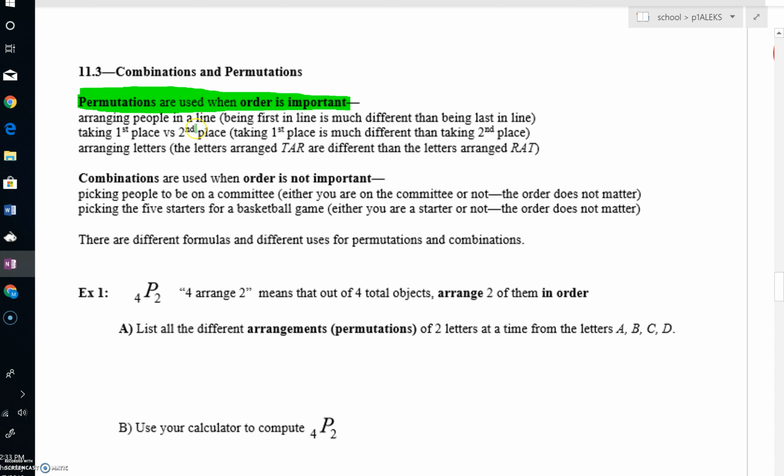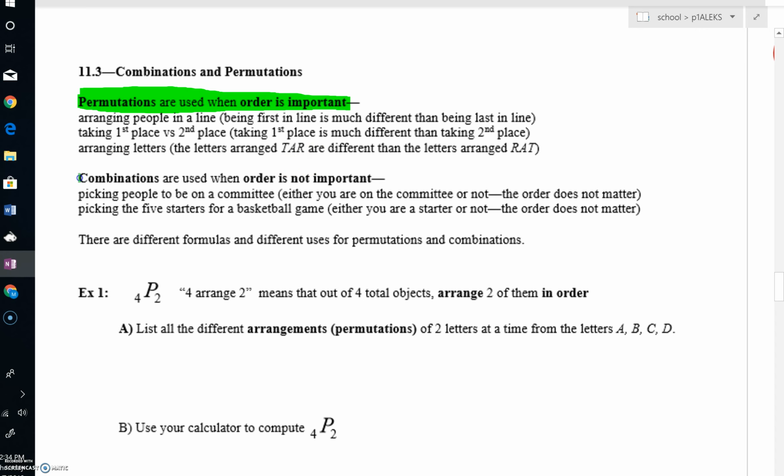So if you're arranging people in line, being first in line is very different than being last in the line. First place versus second place. First place is much different than taking second place. Letters and codes, if you're writing out serial numbers and so forth. The order matters, like the word TAR is different than RAT.